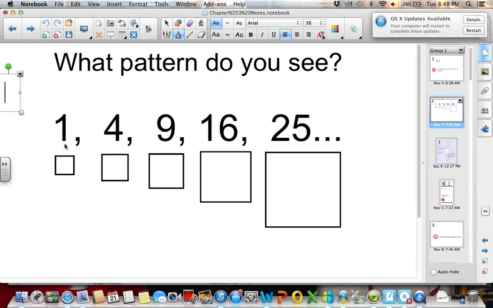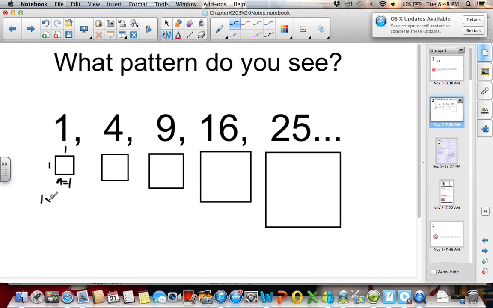Okay, if we think of 1 and we make a square to make an area of 1, because it's really small, I'm going to write it out here. Area equals 1, well that means that our sides would have to be 1 by 1, because 1 times 1 equals 1.